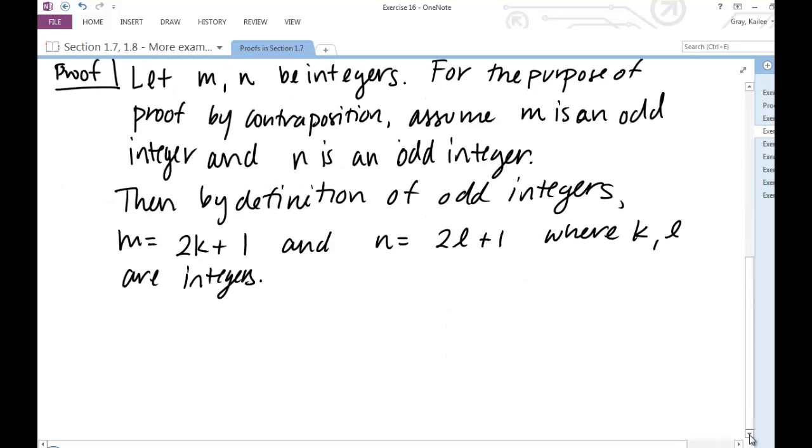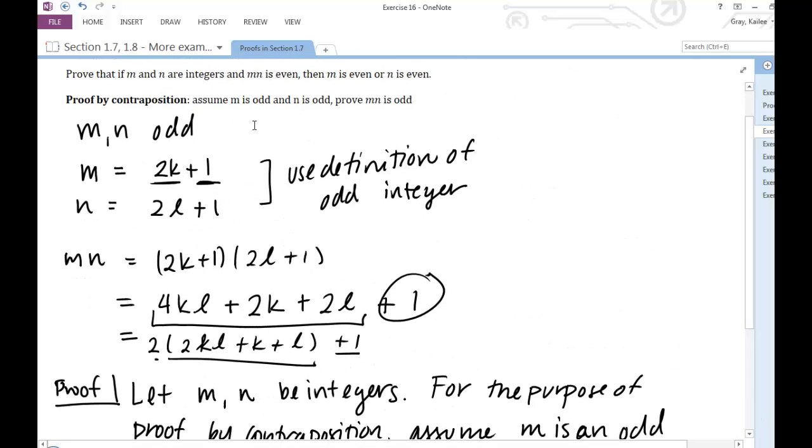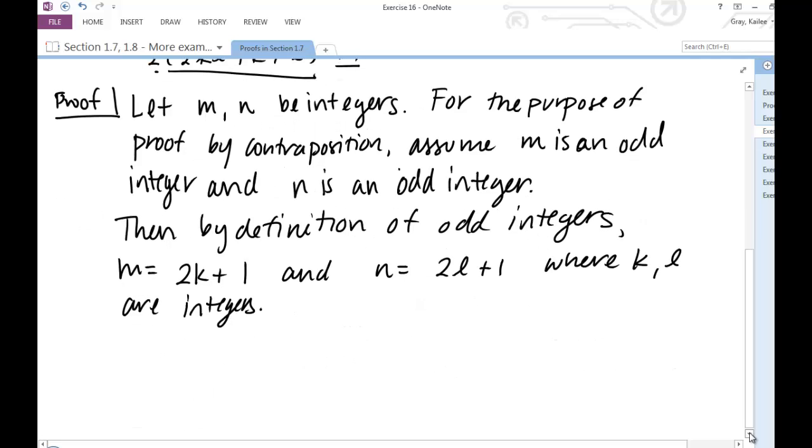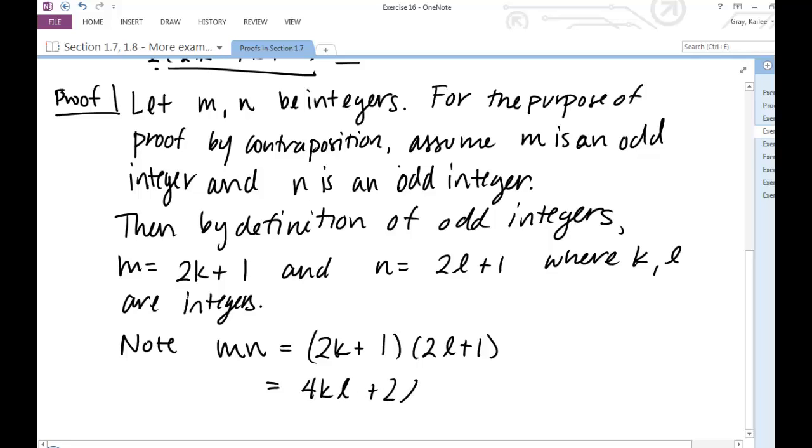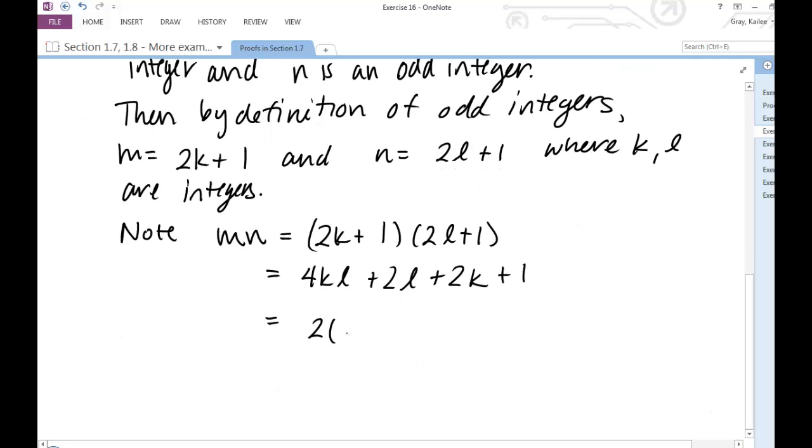Okay, now I'm going to take the product of them, right? I'm trying to get to the conclusion that m times n is odd. So I probably want to see what I know about m times n now that I've found out more about m and n. So note, m times n is equal to (2k plus 1) times (2l plus 1), which is equal to, we did this algebra in our background work, 2kl plus l plus k plus 1.